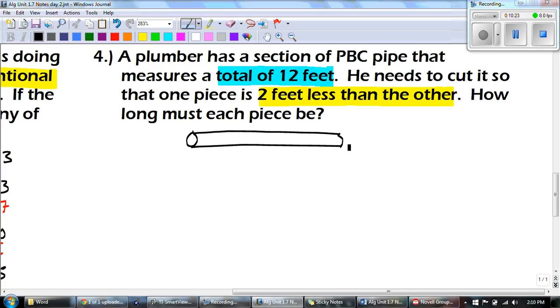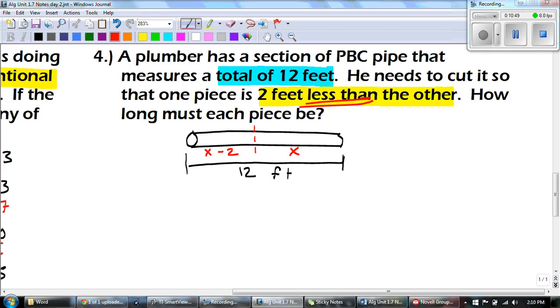So there's my pipe. I know that all together, it needs to be 12 feet. I'm going to cut it so that one side is x and the other is 2 feet less than. So that means it's going to be x minus 2.